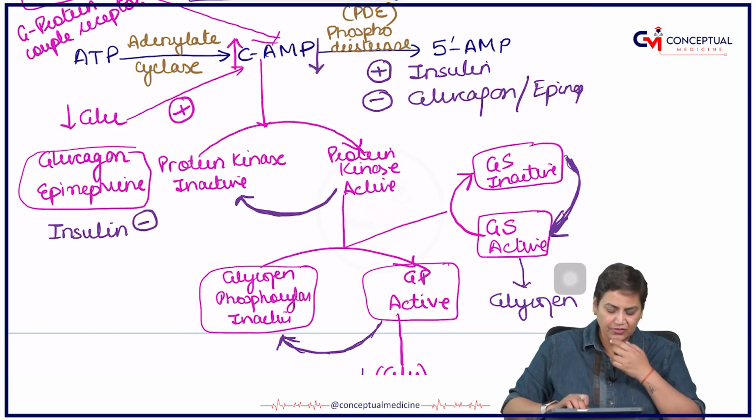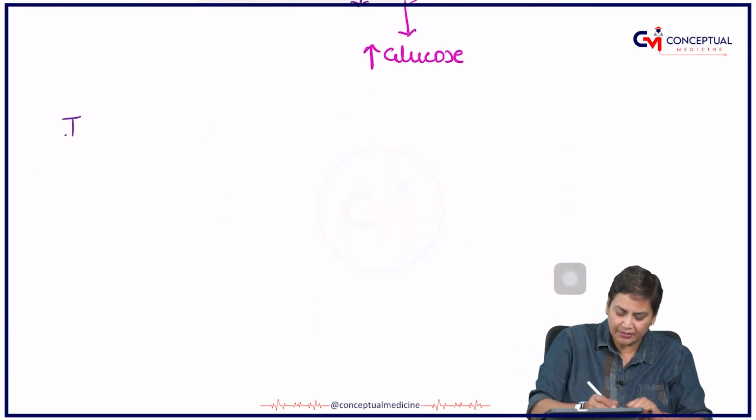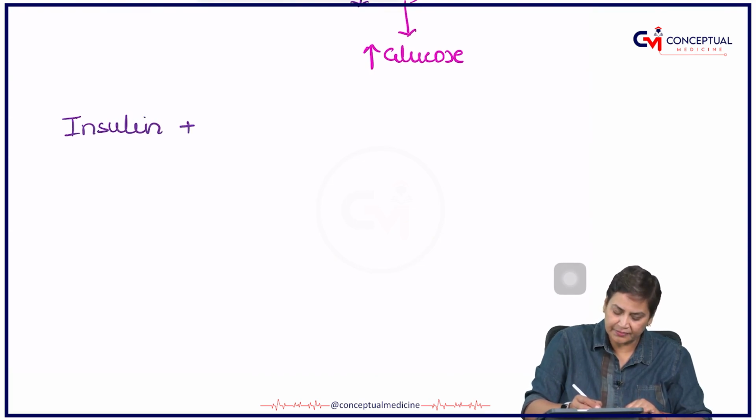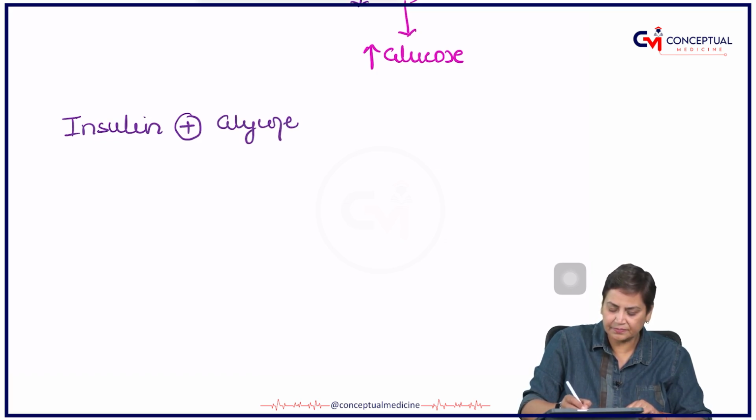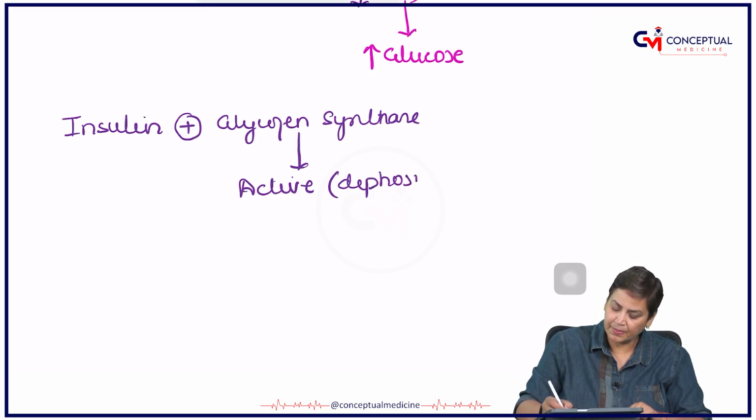So if I have to visualize the entire thing, I can simply say that insulin is promoting glycogen synthase, which is active in the dephosphorylated state.